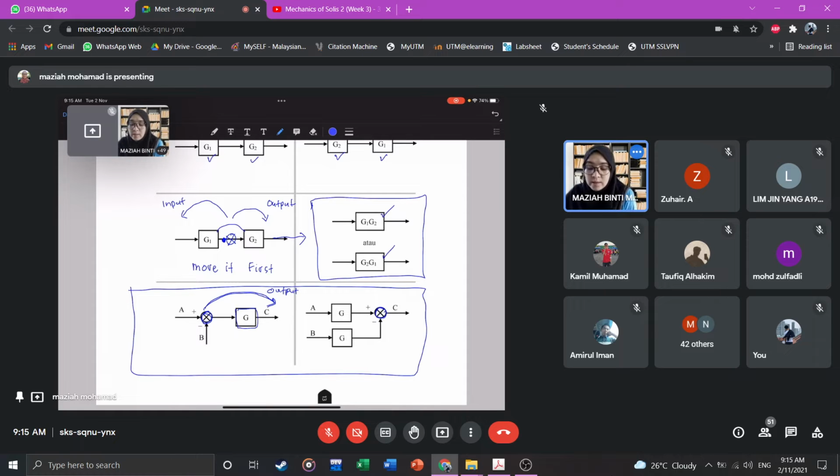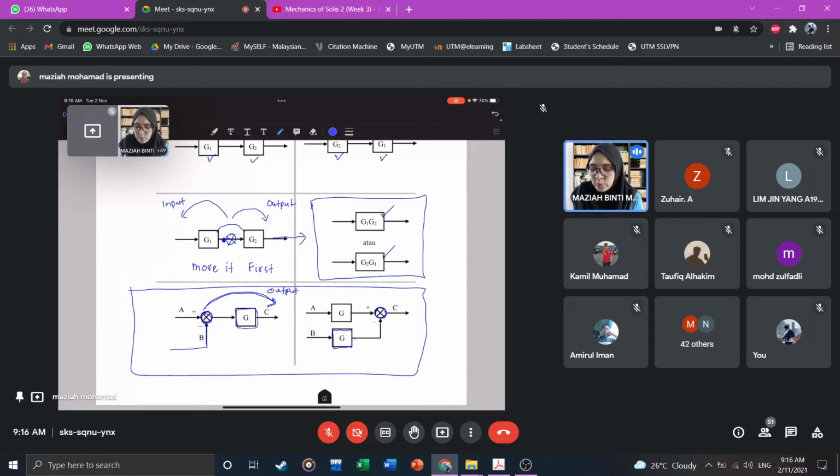After you move toward the output over G, therefore you need to multiply with G. Meaning there will be an additional block there. Before this, there is nothing here, for example, like this.